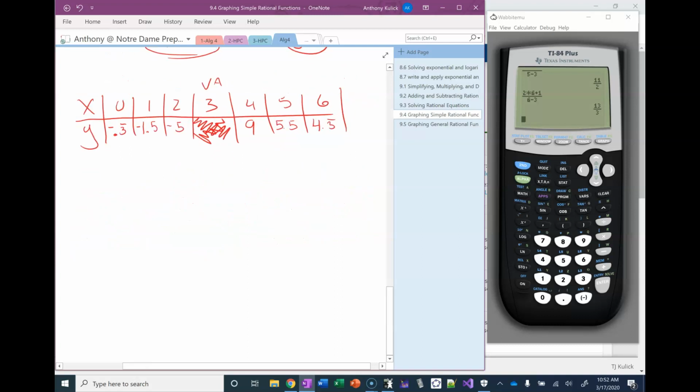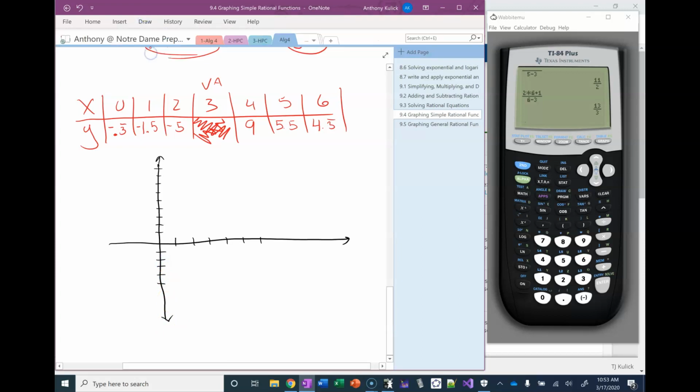Okay, so let's draw our graph now. I'll draw it a little straighter. That's a little better. So 1, 2, 3, 4, 5, 6. 1, 2, 3, 4, 5, 6, 7, 8, 9. 1, 2, 3, 4, 5.